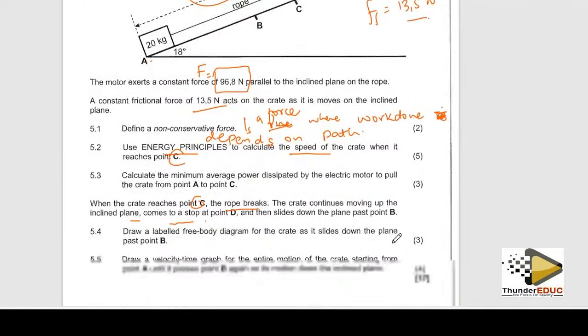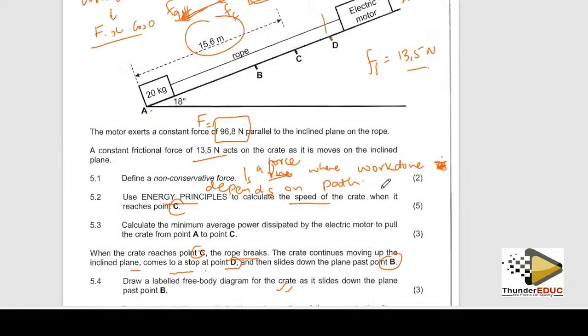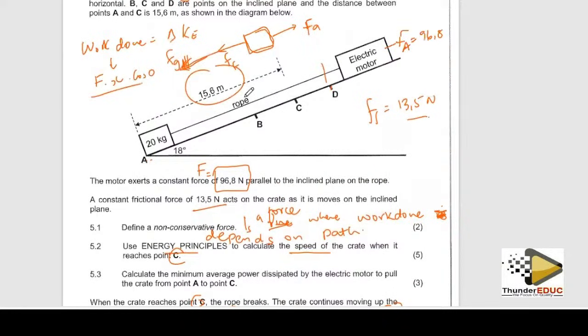Then the question is asking us, after stopping, it slides down past point B. They want us to draw a labelled diagram of this crate when it is moving down at point B. At this point B, if it's moving downwards, remember there will no longer be the applied force. So what will be affecting this will be the frictional force and the FG parallel.